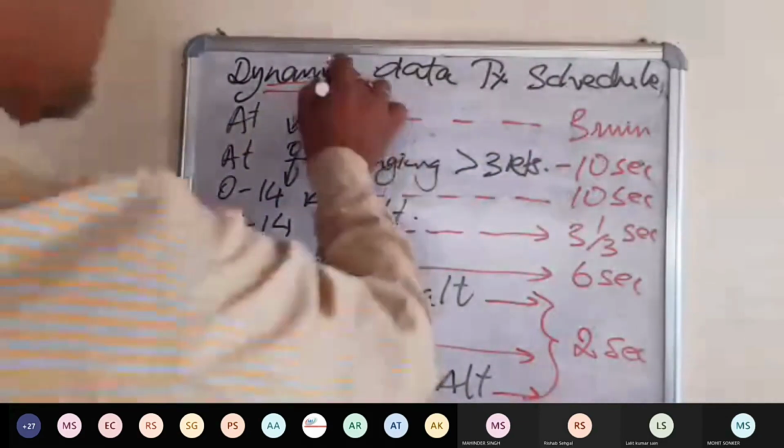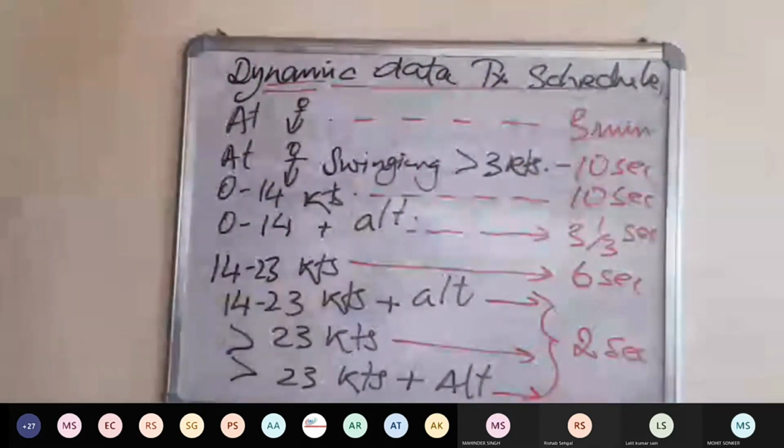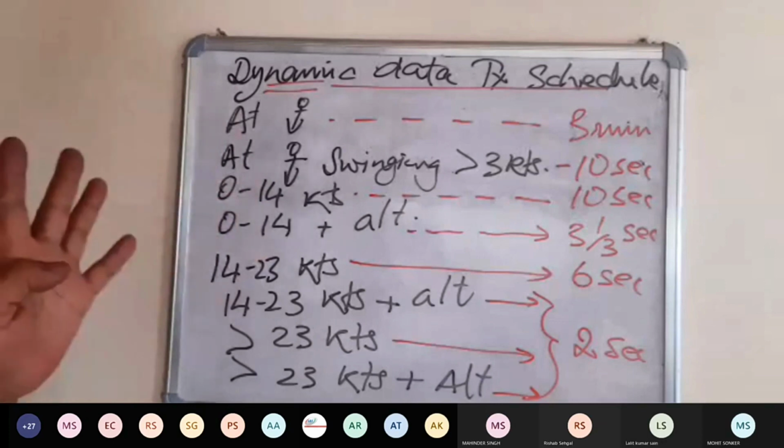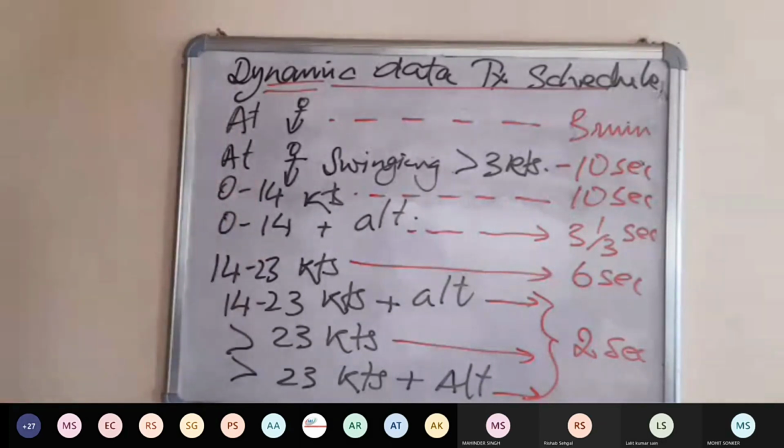So this is a popular question with AIS. What is the transmission schedule of the AIS data? Remember that we have to talk about all the 4 of the data.